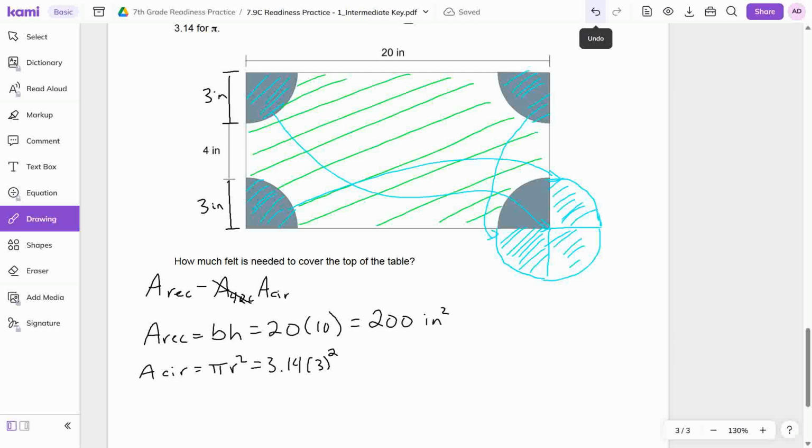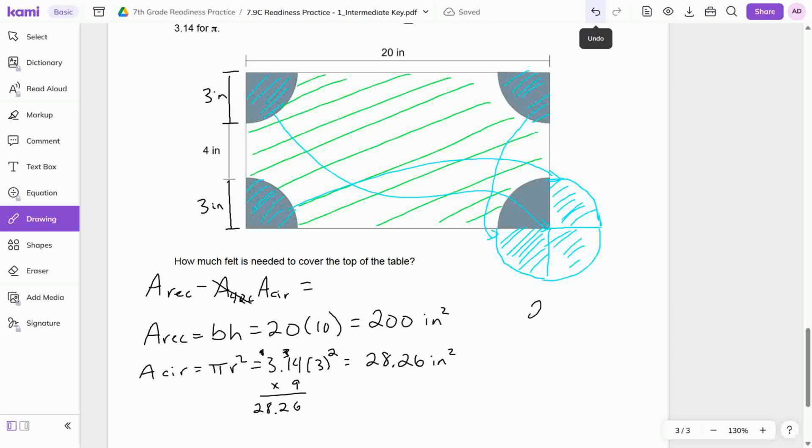So really that's just going to be 9, right? 3.14 times 9. So that's going to be 36. That's 9, that's 12, 27, 28. Two digits behind the decimal. So call it 28.26 square inches. Now I need to just subtract those two.